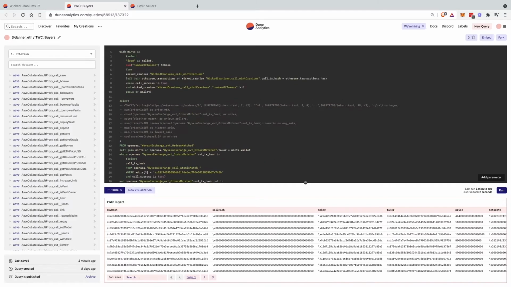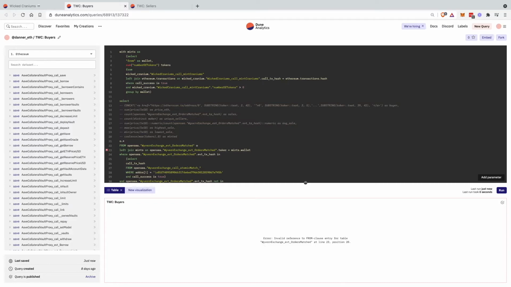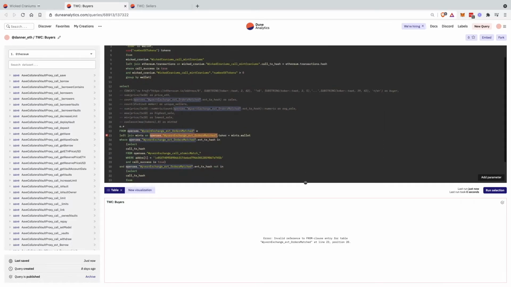And where's this buy hash coming from? OpenSea, that's the buy hash. This transaction hash is coming from, yeah, we're not going to want to actually do that, have to edit too much.